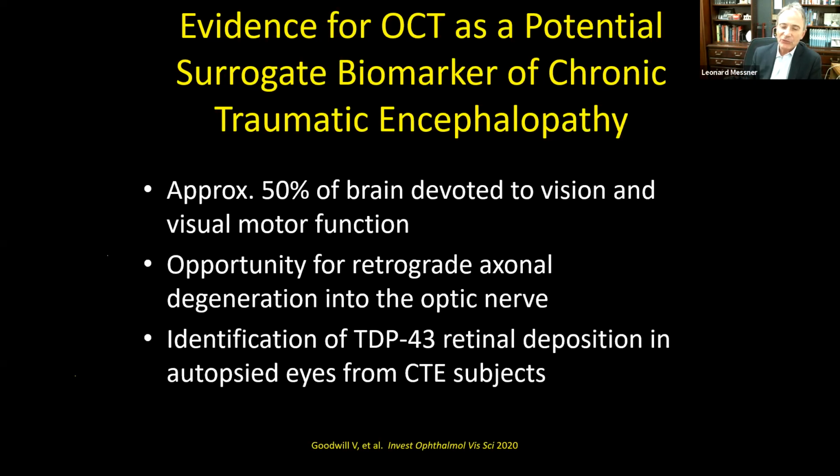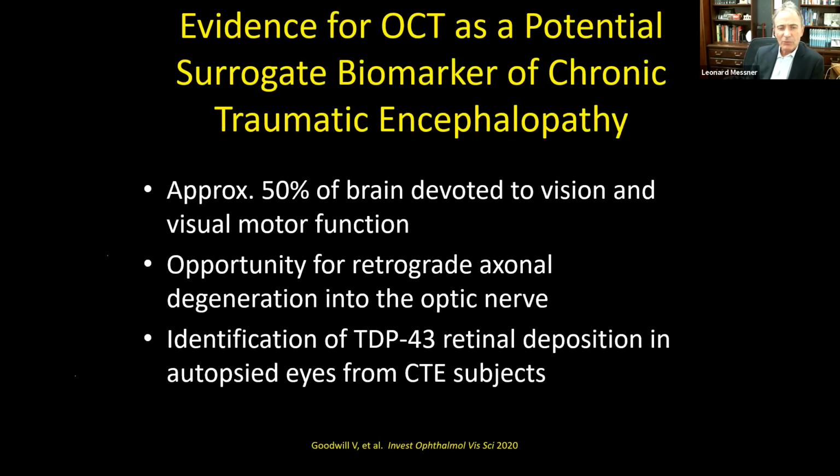So it stands to reason that if there's damage to the brain, there is going to be damage to vision or visual motor processing, and that we may be able to identify some of this as it relates to structure and function based upon standard examination techniques.